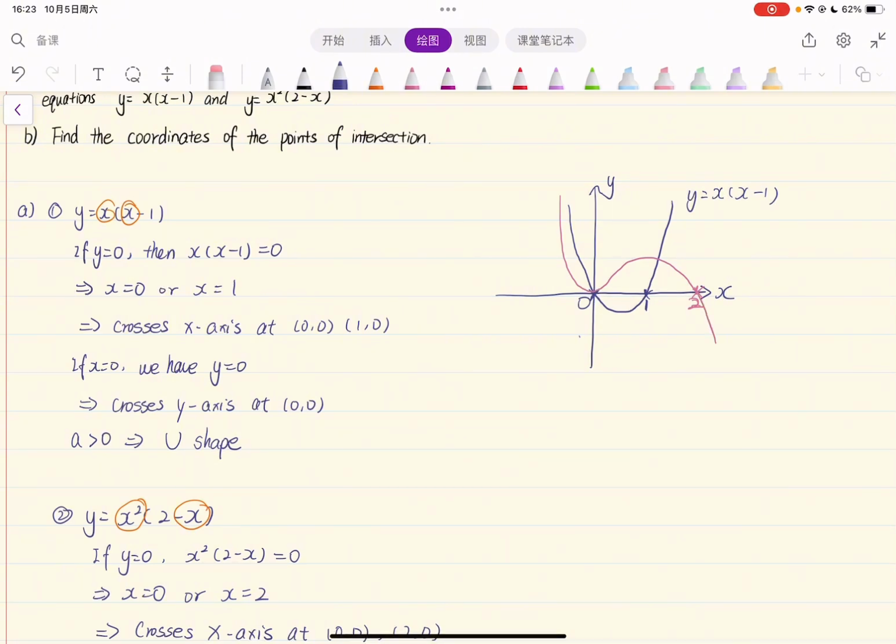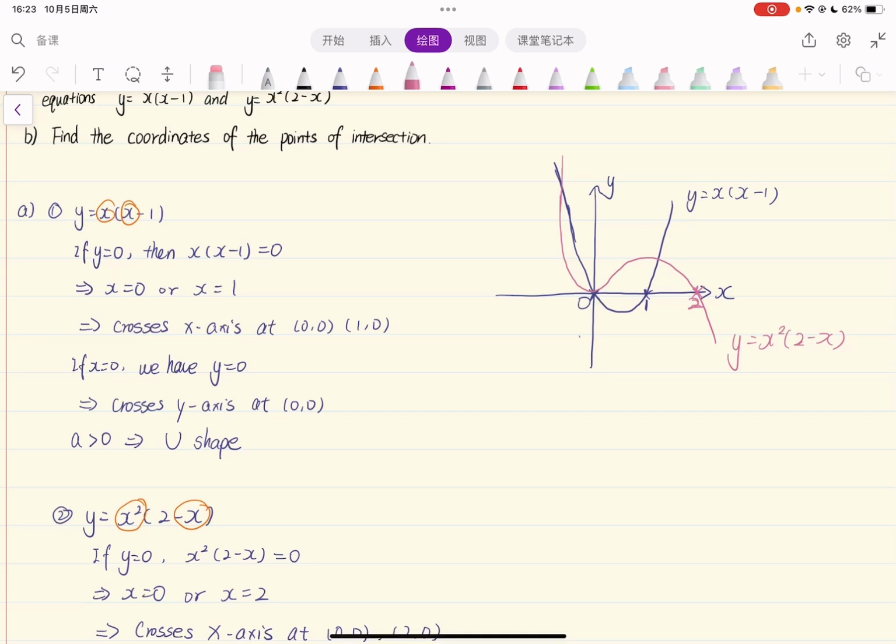Let me expand the curve a little bit. So this curve is y equals x squared times (2 minus x). So we have done the part A question.